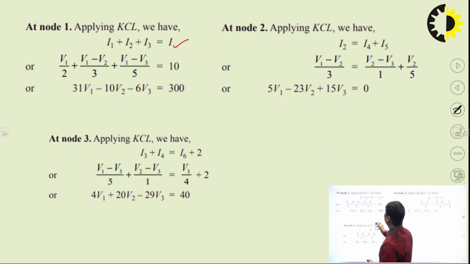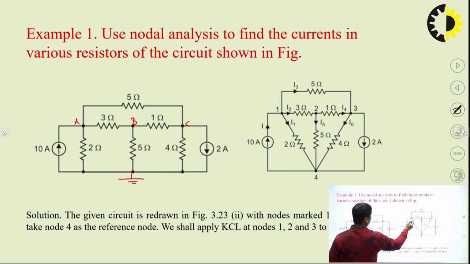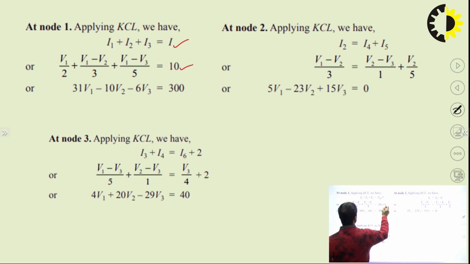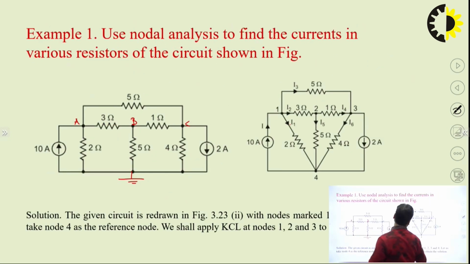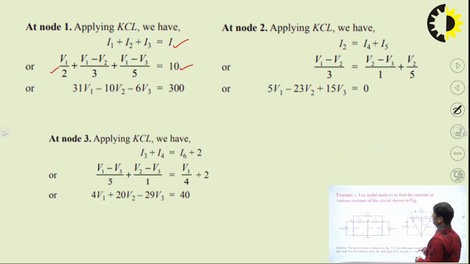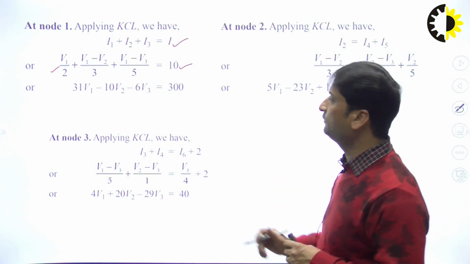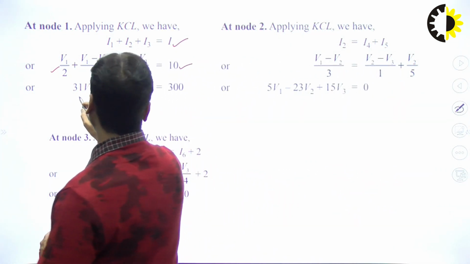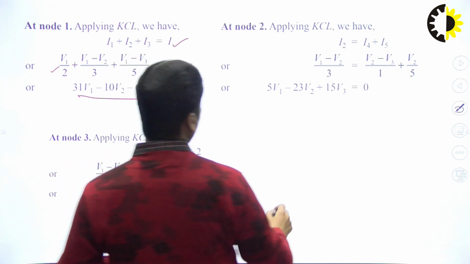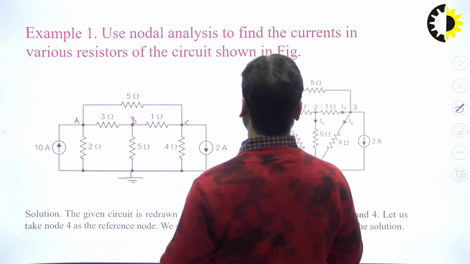So I1 is nothing but this, coming from here, so I is equal to 10 ampere. I1 is V1 by 2, I2 is V1 minus V2 by 2, and I3 is this. These are the potentials. We know that. So just substitute these values of current in the form of voltages and we will get this equation. Similarly for the second node.